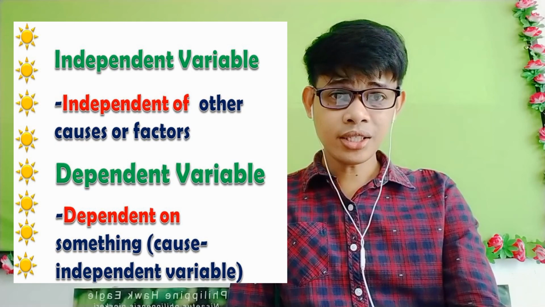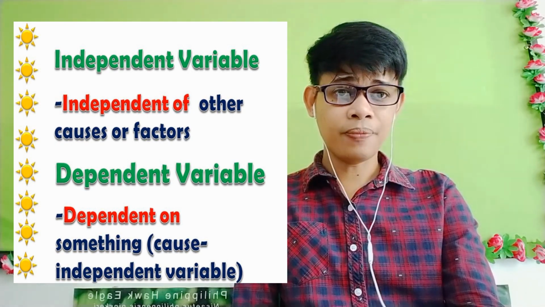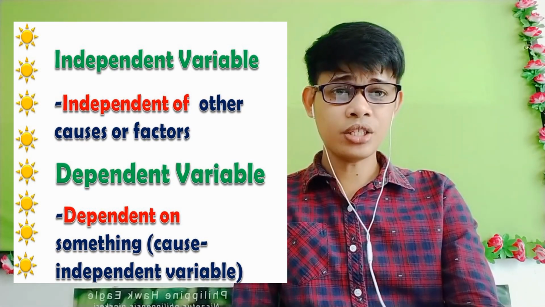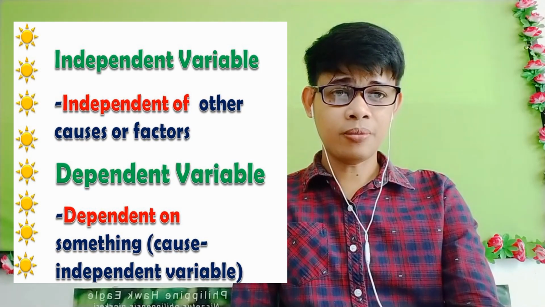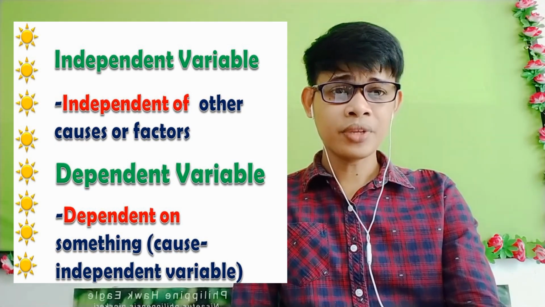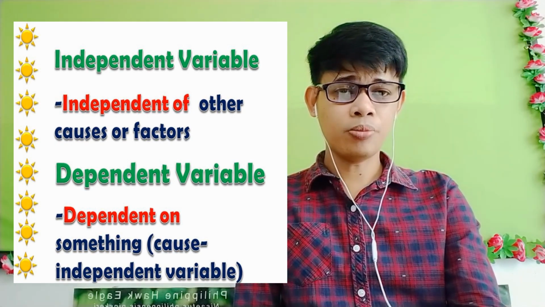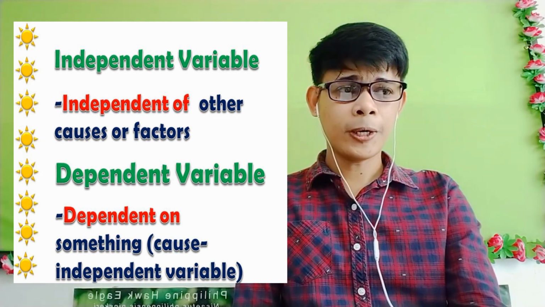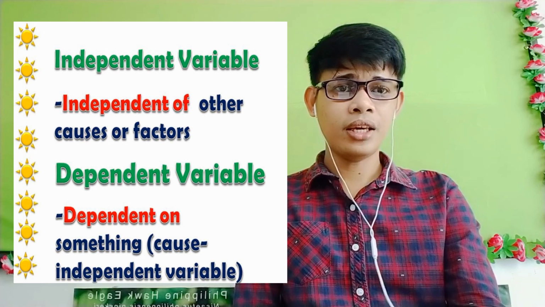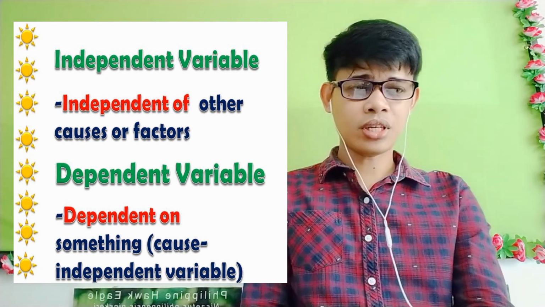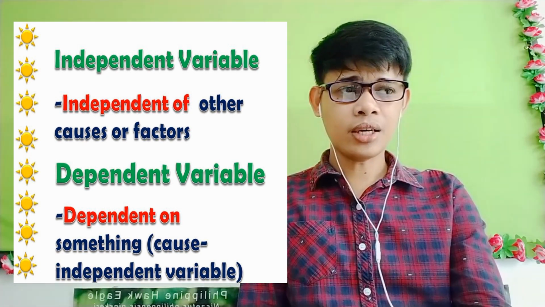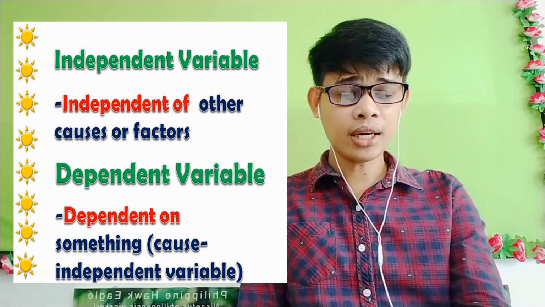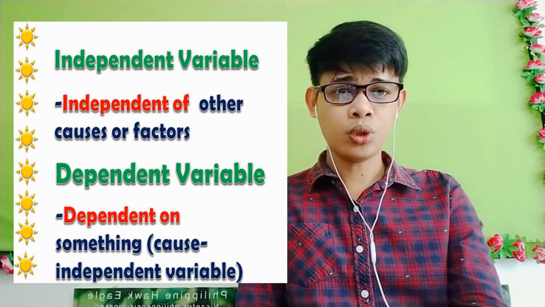The cause is the independent variable and the effect is your dependent variable. So always take note of that. And this concept of independent and dependent variable is always used in experimental research. And I think that's the basic thing that you need to consider.